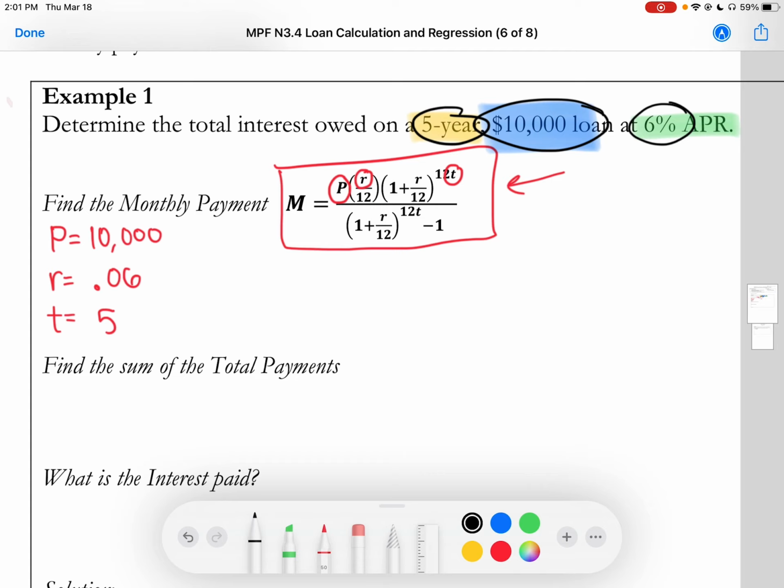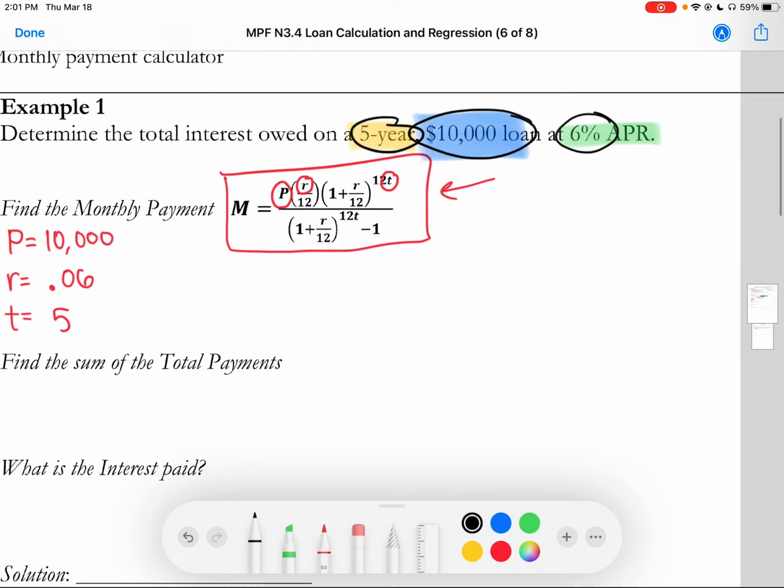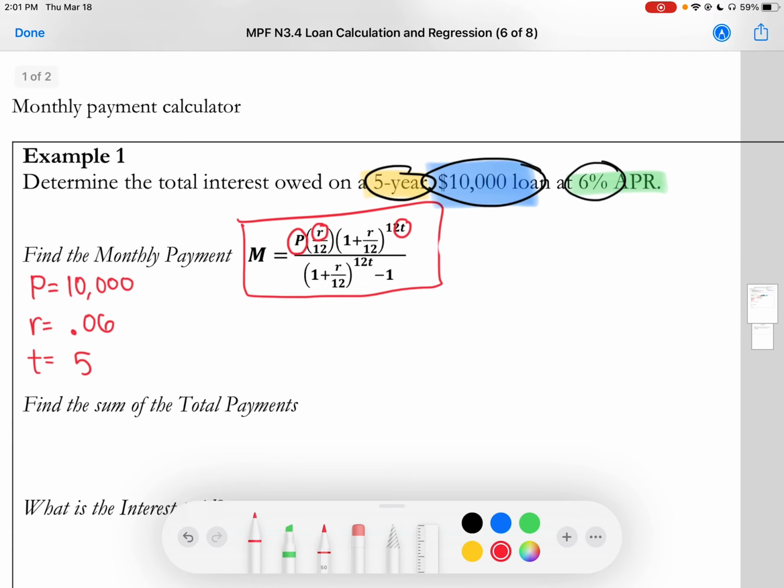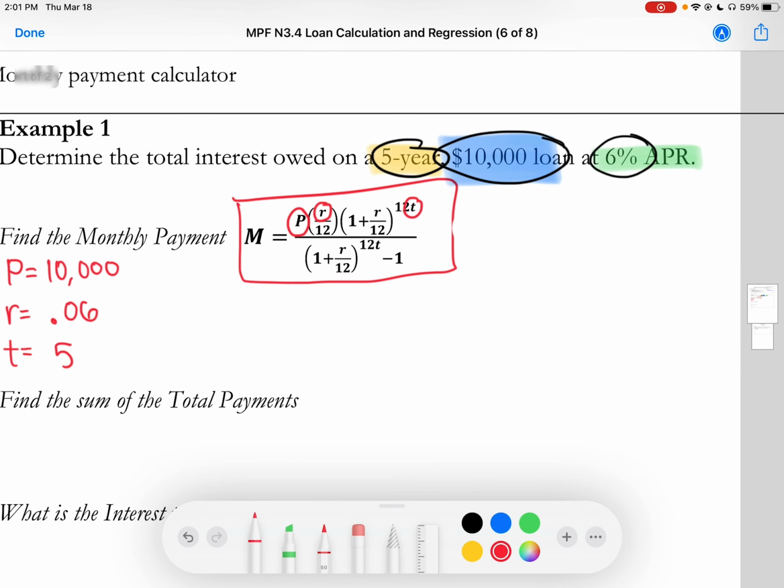You should be able to do this part quickly now because we've had enough practice. Now we have to fill out this gnarly formula, which looks more gnarly than it is because it's basically just plug and chug. To find our monthly payment, we take our principal, 10,000, and multiply it by rate over 12, so that's 0.06 over 12.